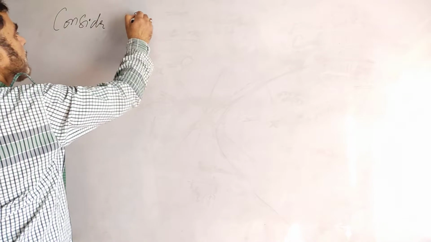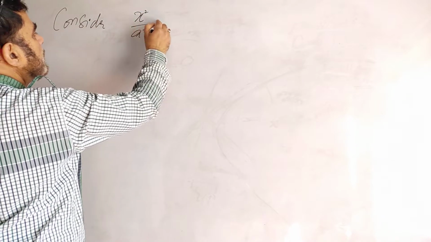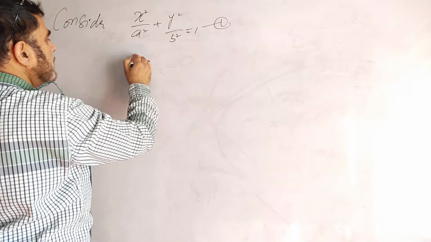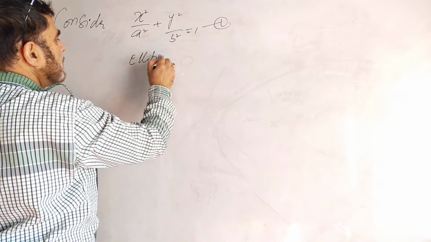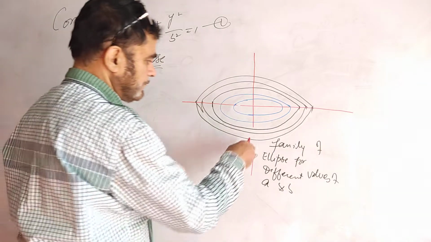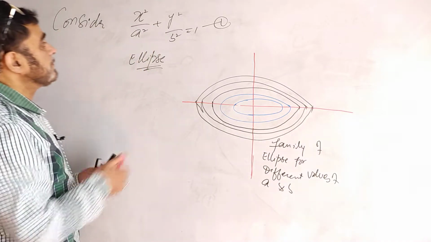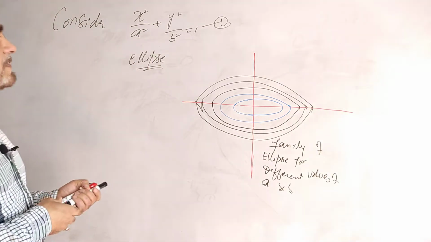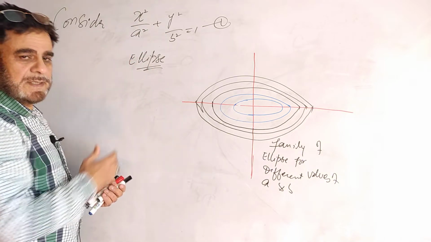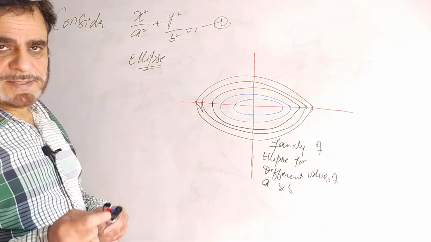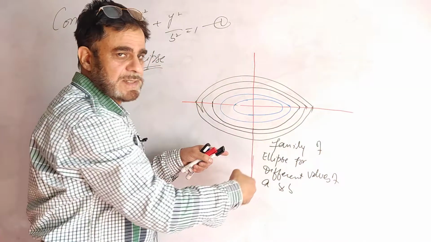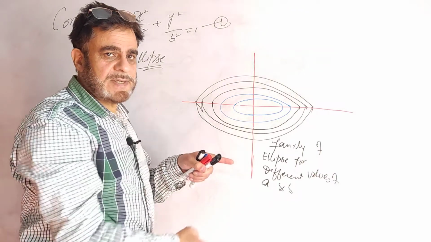I consider the equation of an ellipse. You know that its major axis is 2a and minor axis is 2b, where a is always greater than b.